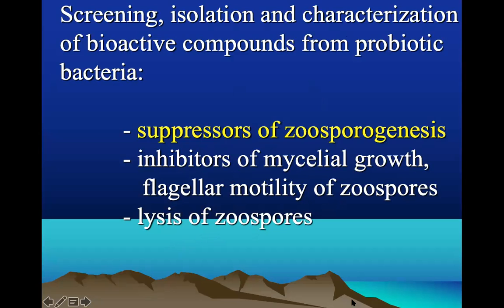Because if you can stop at this stage, stop the zoosporogenesis process, that is the production of asexual spores, then you can control the disease. Or if you can stop the mycelial growth or the motility of the zoospore, because the zoospore needs to find the stomata, then it cannot infect. And lysis of zoospores means killing the zoospores, which means no chance to get the infection.